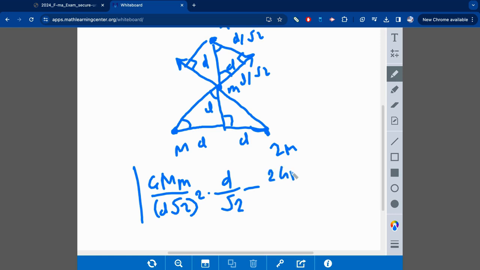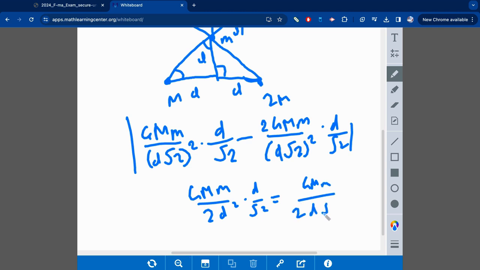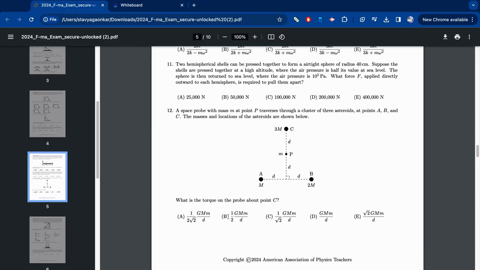So this force is 2 GMm over (d root 2) squared, times d over root 2. If you simplify that, you would get GMm over 2d root 2, which would give you A.